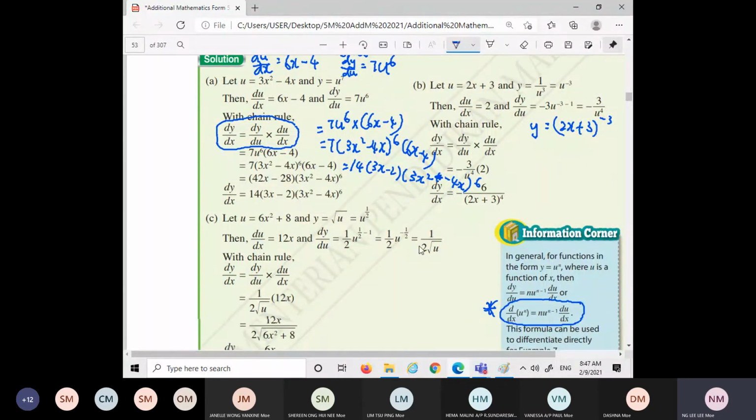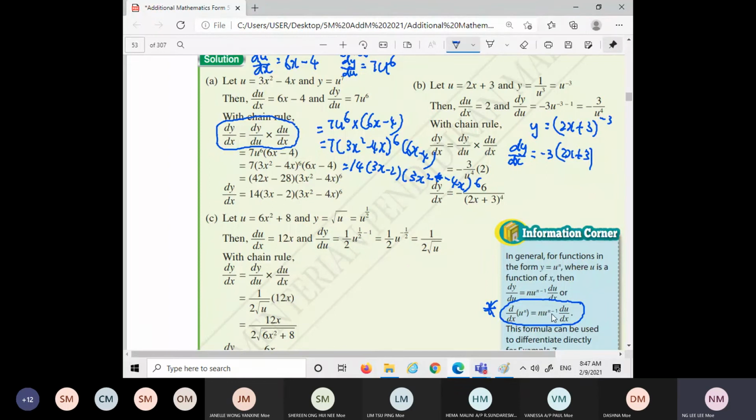If you follow this, how to differentiate? dy dx is equal to, you can see, the power n brought down. The power here is -3, so -3 brought down. u is this whole thing, so copy 2x plus 3.